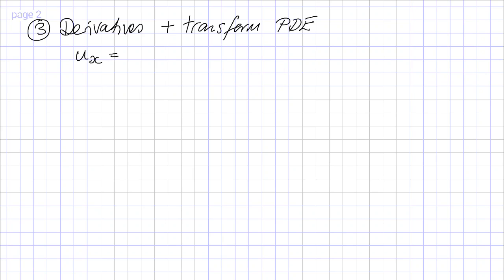Okay, so du by dx is eta sub x du by d eta plus d mu by dx du by d mu.